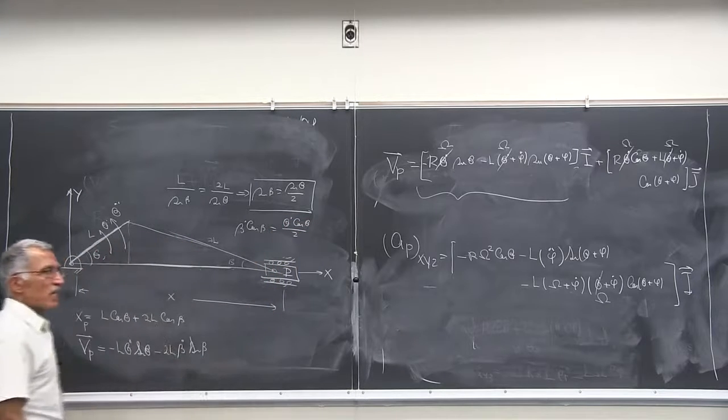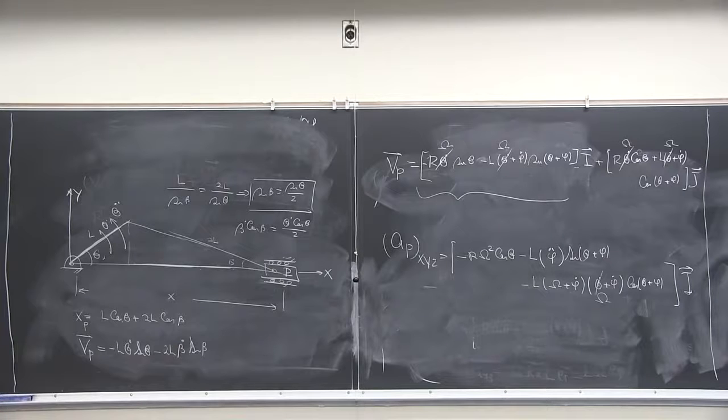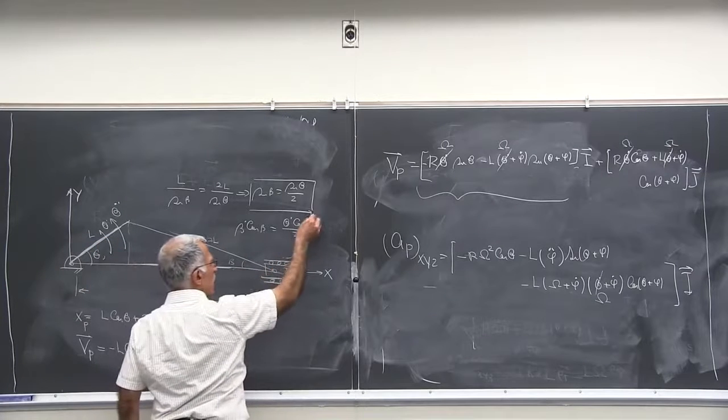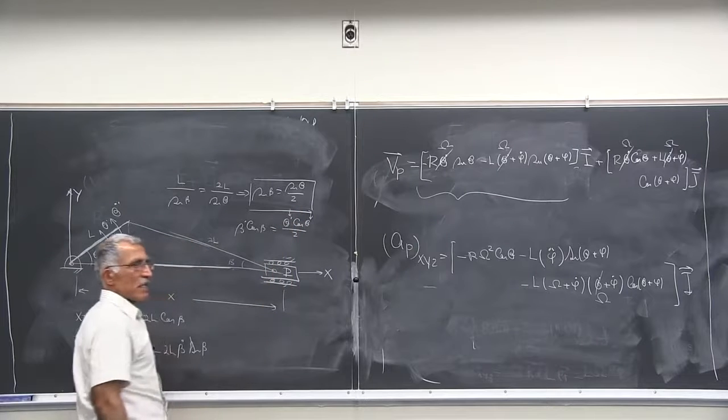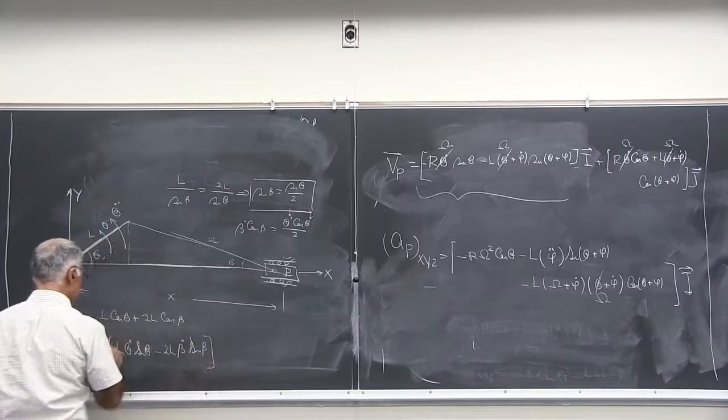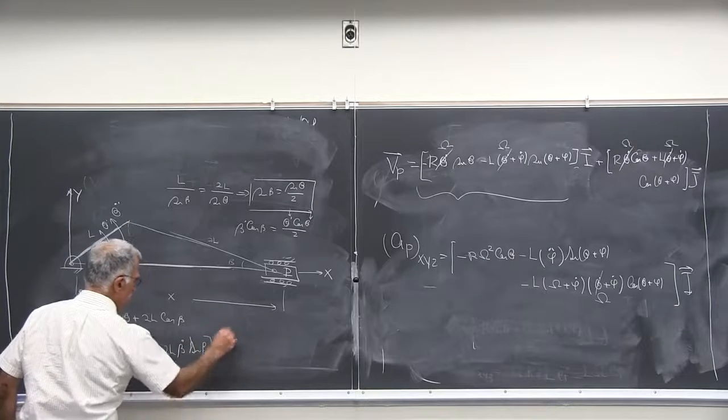So you do have a beta dot at any theta, and if you know the theta dot and the theta at any instant, you should be able to find both beta as well as beta dot. You put it back in this equation. That's the velocity in the direction of capital I.